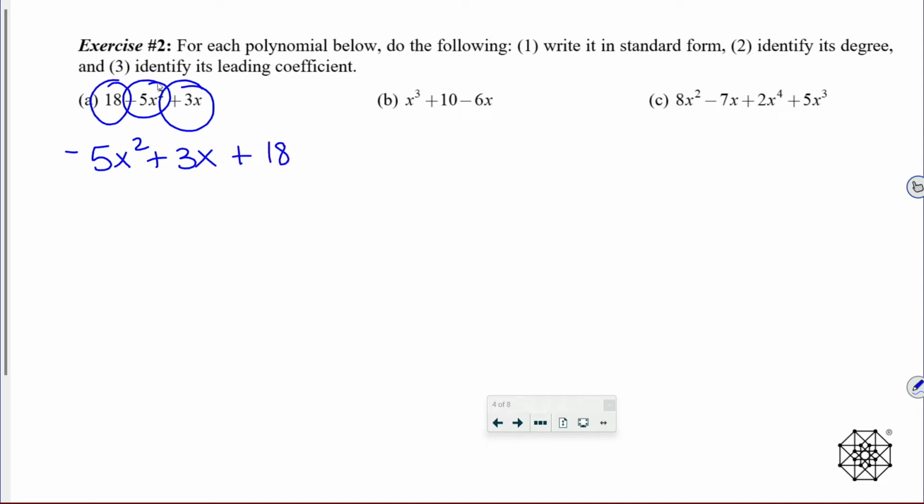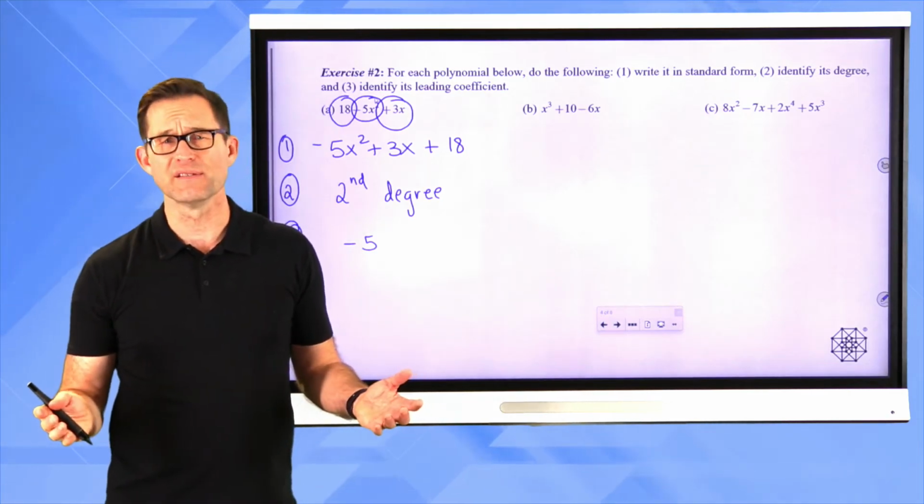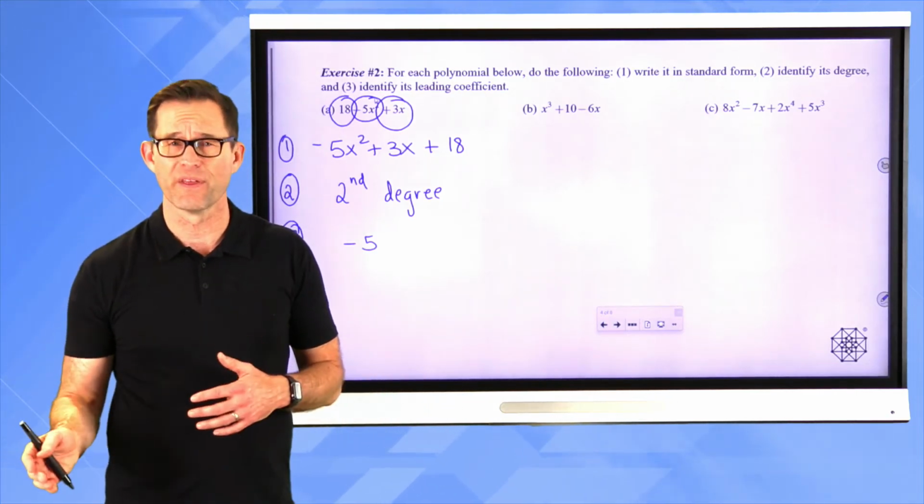So there I've got my polynomial written in standard form, so maybe that's number 1. Number 2, identify its degree. Well, that would be a second degree polynomial because the highest power is 2. And the leading coefficient is the coefficient on that term, which is equal to negative 5, right? So really pretty easy manipulations on all of these.